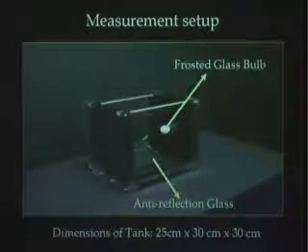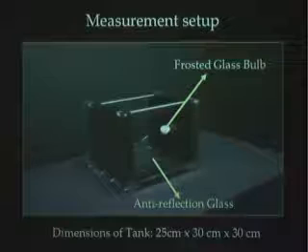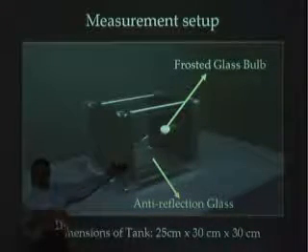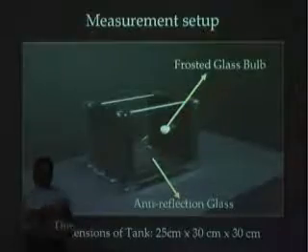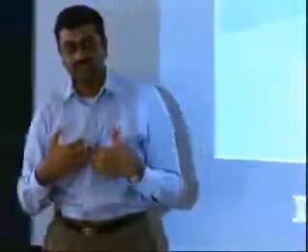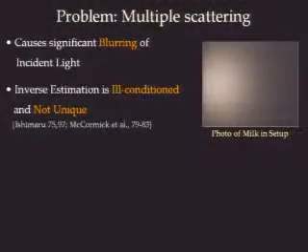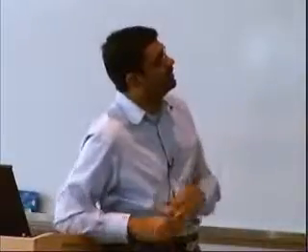Now, one thing to note is that if you fill this thing entirely with, say, milk, you wouldn't see anything. So light transport at a basic level, you can think of it as blurring the incident light field, right? If you blur it significantly, you can't recover the properties well. Okay, so that's one of the major problems in light transport analysis, and it's been studied in physics for a long time.